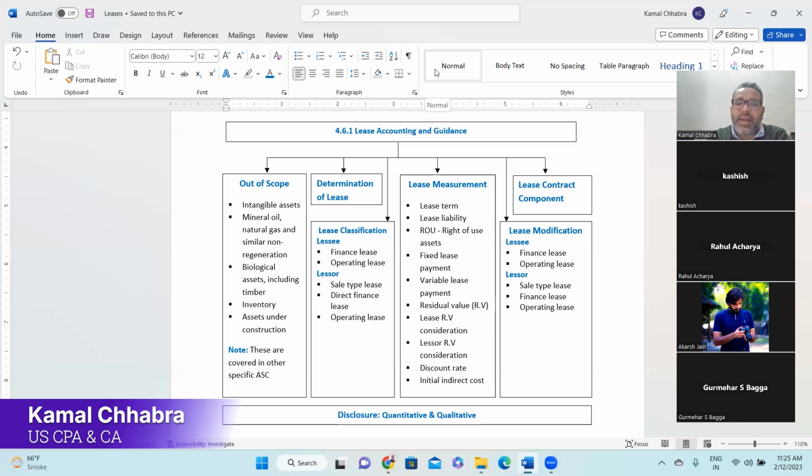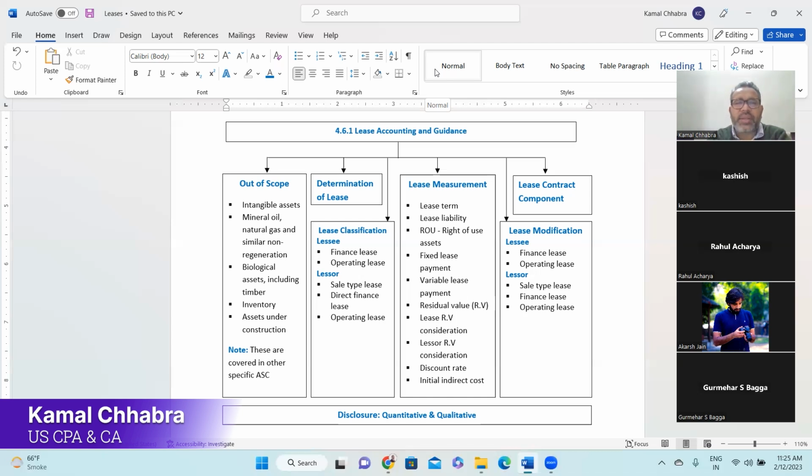The next one is right to use asset. We'll be using short-term ROU. Just remember it is right to use asset. So how do you calculate the right to use asset? Because if you are taking any asset on lease, that means the company is giving you the right to use that asset, and that you need to capitalize.